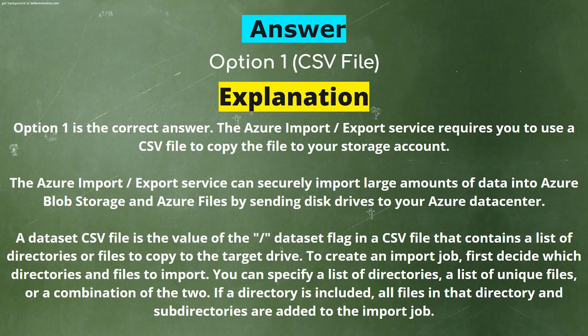A dataset CSV file is the value of the dataset flag in a CSV file that contains a list of directories or files to copy to the target drive. To create an import job, first decide which directories and files to import. You can specify a list of directories, a list of unique files, or a combination of the two. If a directory is included, all files in that directory and subdirectories are added to the import job.